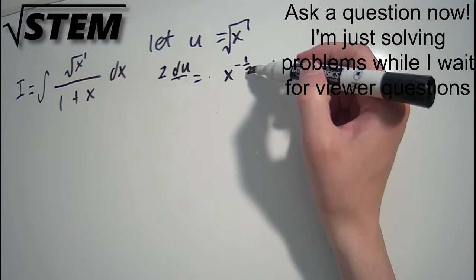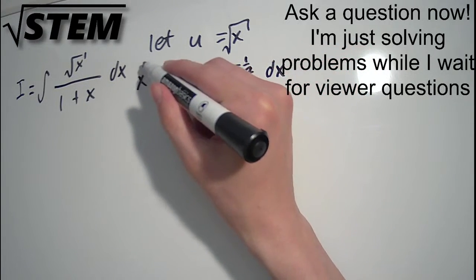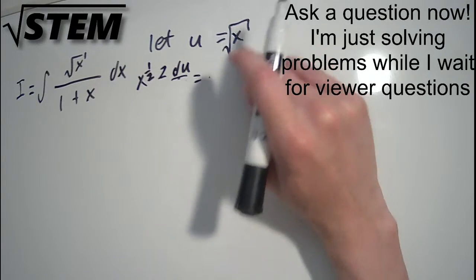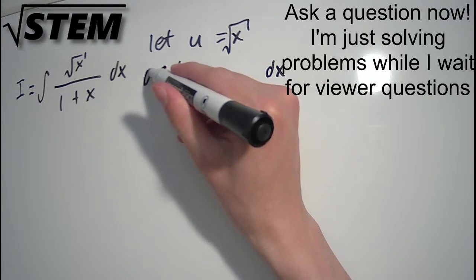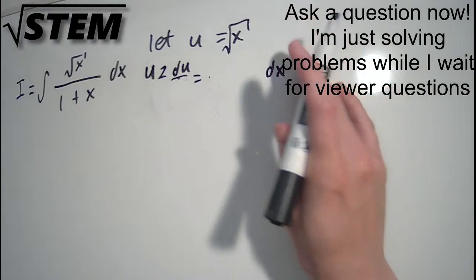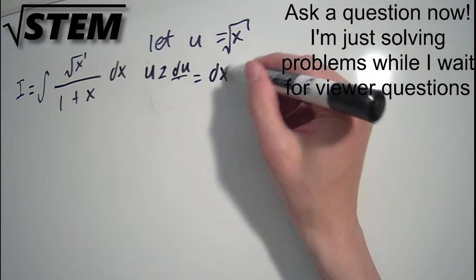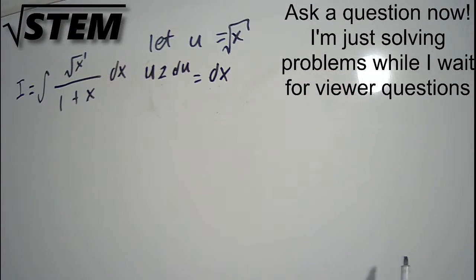That's also x to the positive 1/2 on this side. But x to the 1/2 is just u. So dx would equal 2 times u du.